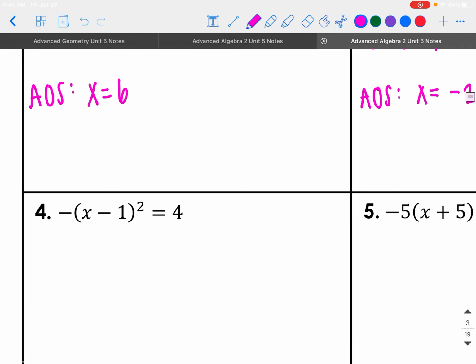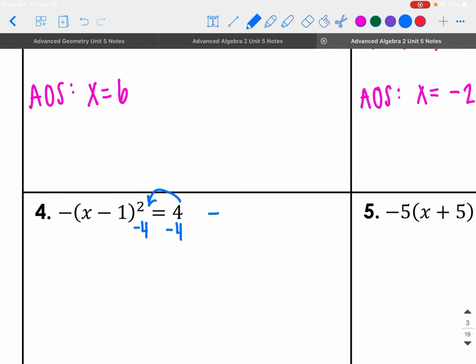Now number 4, this one looks a little different because this time that 4 is on the other side of the equal sign. And in order for us to get the accurate vertex, everything has to be on the same side. So if I want to move this 4 over there, I have to subtract 4 from both sides.